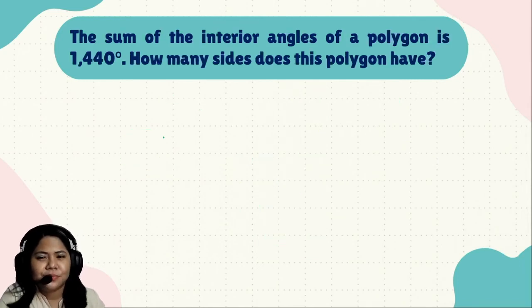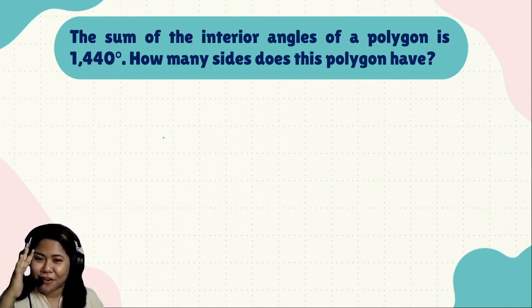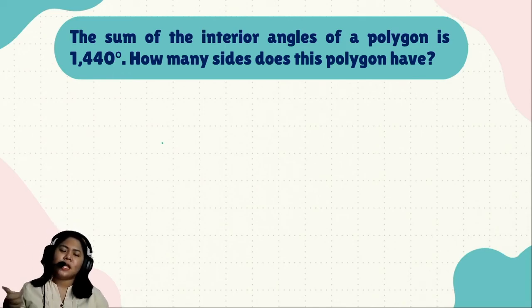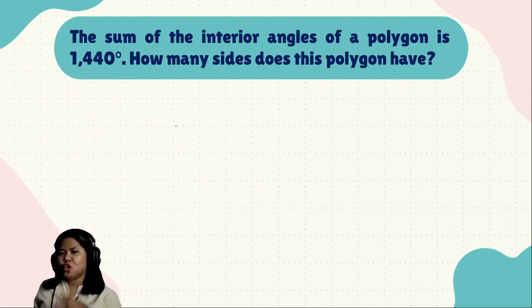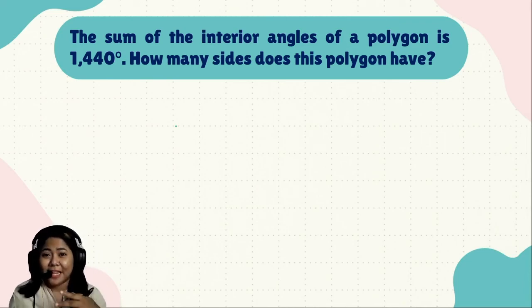Next. The sum of the interior angles of a polygon is 1,440 degrees. How many sides does this polygon have? Okay? So, technically, medyo magmamanipulate tayo sa part na to. Teacher, bakit tayo magmamanipulate? Tignan natin ha. Ano bang given?